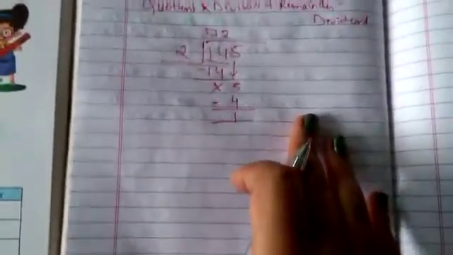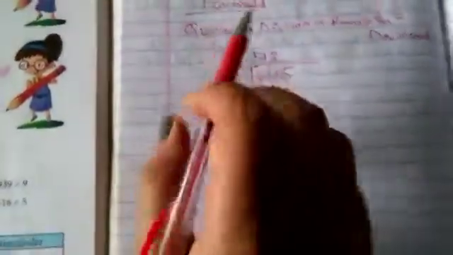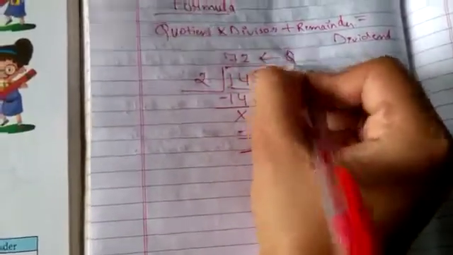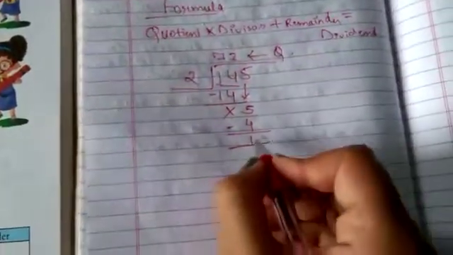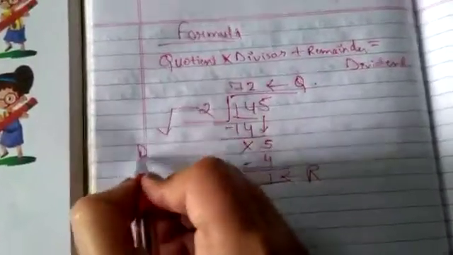Now we will check it. We will put the values in this formula. This is our quotient, this is our remainder and this is our divisor.